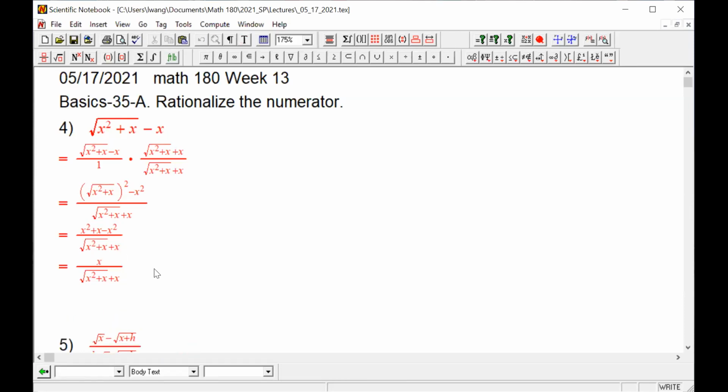So this is the optional step, possibly in calculus class.